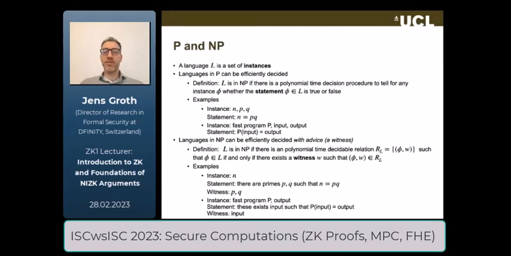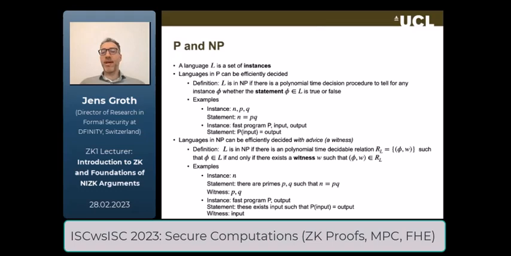Here you need both the instance and the witness to efficiently check that it's in the relation. An example could be the statement that n is a product of 2 primes p and q. The witness would be p and q, and if you have the witness, you can multiply p with q and check that it gives you n. So with a witness, that is an efficiently decidable instance.